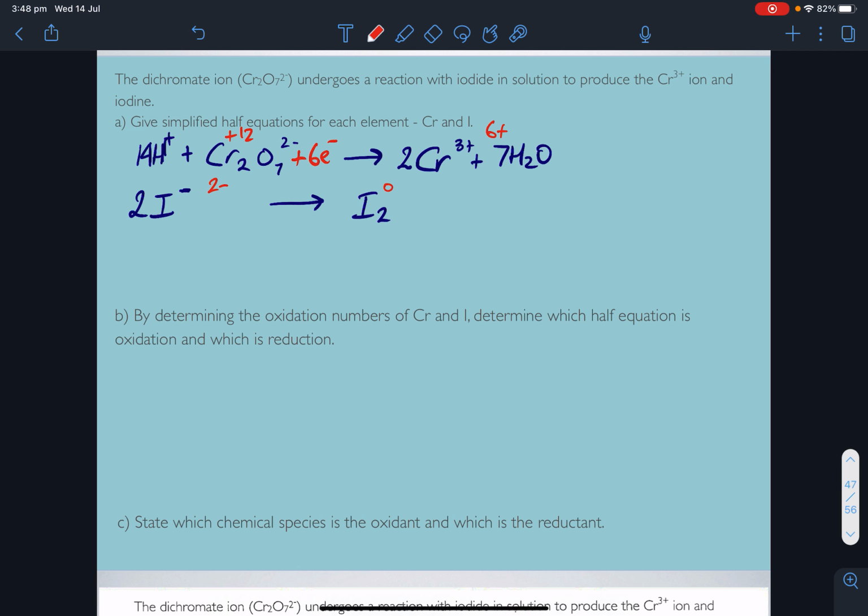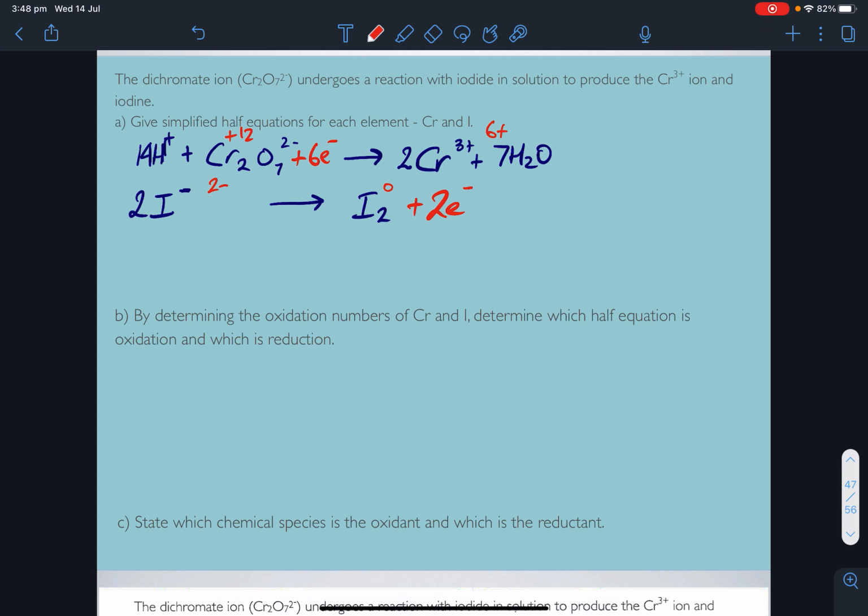So I need 2 electrons on the right-hand side. This is good that they're on the right, because for the dichromate they're on the left. So the dichromate was consuming electrons, and the iodide was producing electrons. So we've got a redox reaction happening.